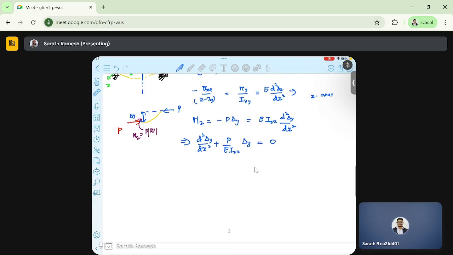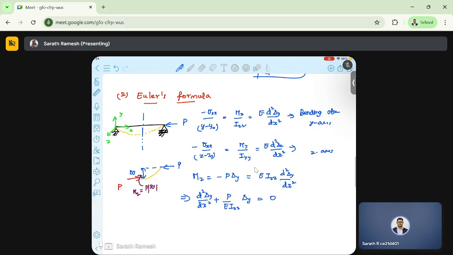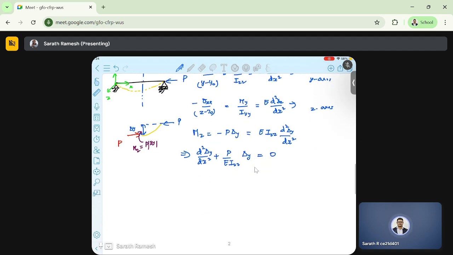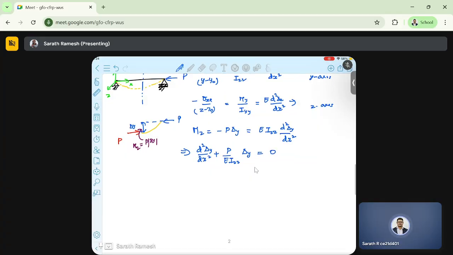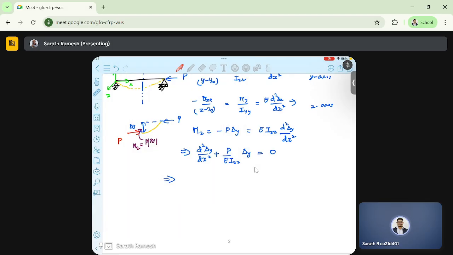Now this differential equation, when we solve, we will get a complementary function in terms of sine and cosine, and when we substitute the boundary condition, since it is simply supported, at x equal to 0, y is 0, and at x equal to L, y is 0. When we substitute, we can solve for the two constants. So I'm going to write the final expression that we will get. You can watch the weekly lecture for the detailed derivation.